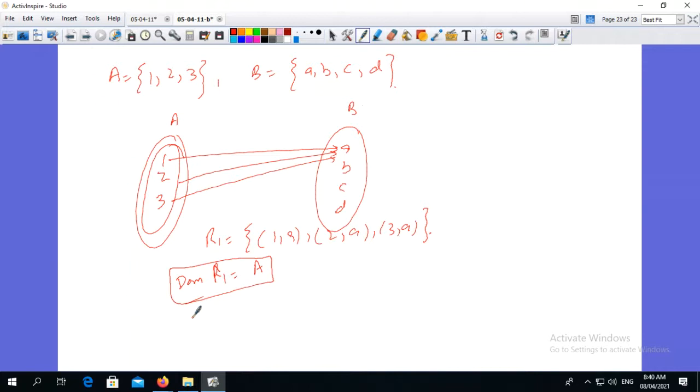Simple. And the second condition is that no element of the domain is repeated.